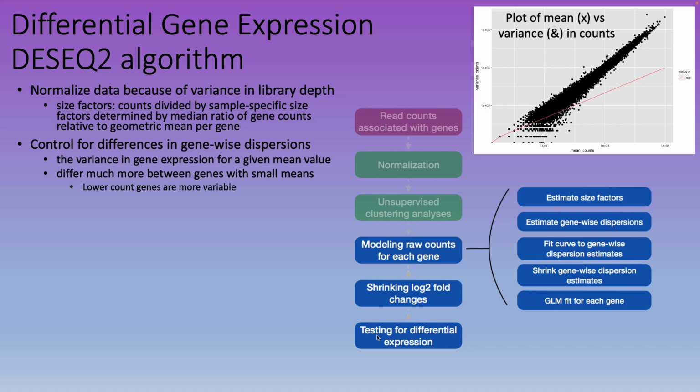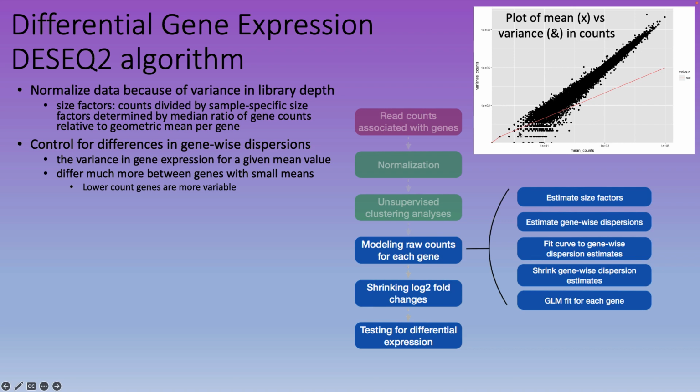And one of the things that you notice, if this is a plot of the means and variances in expression in counts, is that as you increase the mean, the variance becomes less between things that have the same means. So the variance in these counts is less as we go up.